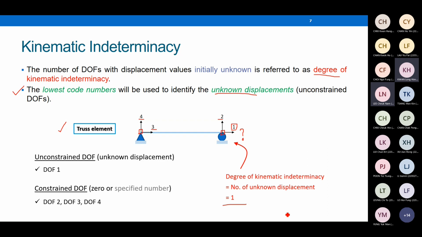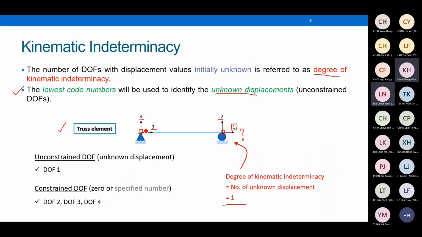Although this is just some introduction of the stiffness method, this concept is highly important. You have to firstly identify the support conditions and also the positions of unknown displacements. Otherwise, when you apply the stiffness method, you cannot solve the problems if you cannot identify where you have unknown displacements, or you will get the wrong result.